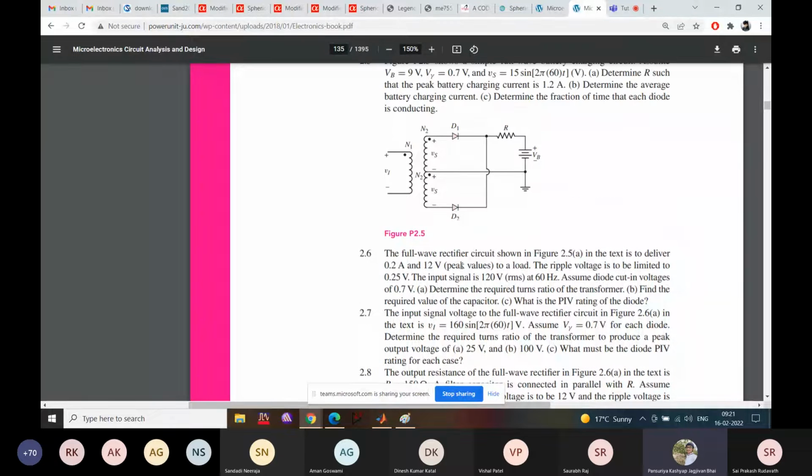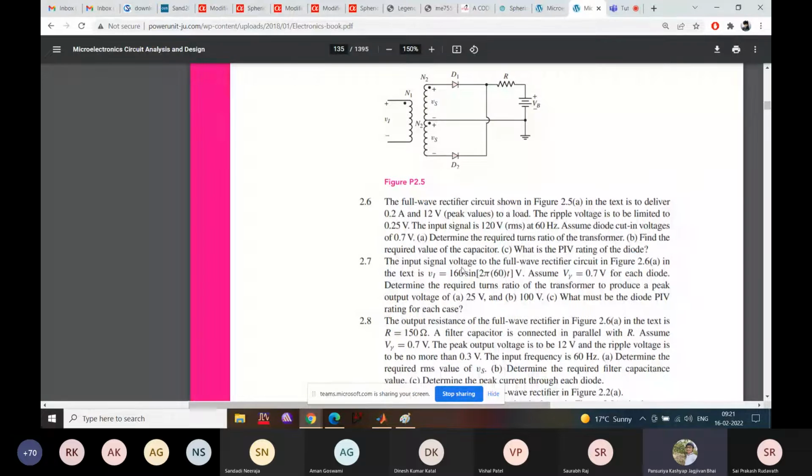Sir, we have to use that formula, right? VR equals Vm by 2 FRC. Yes, that one.